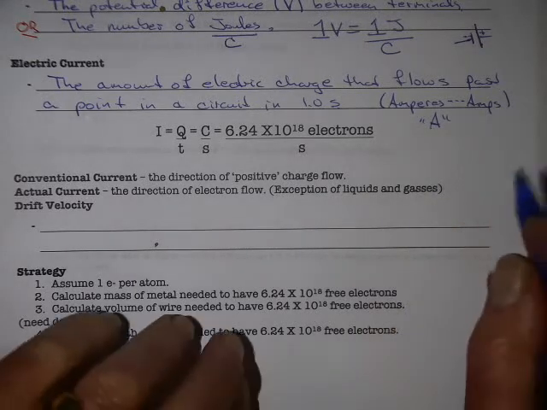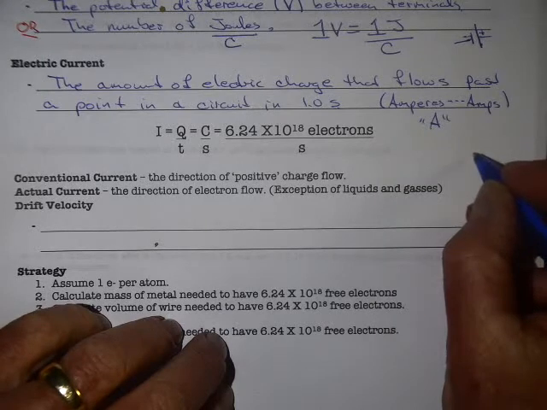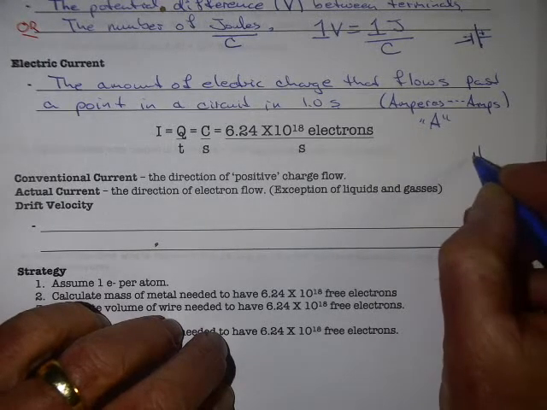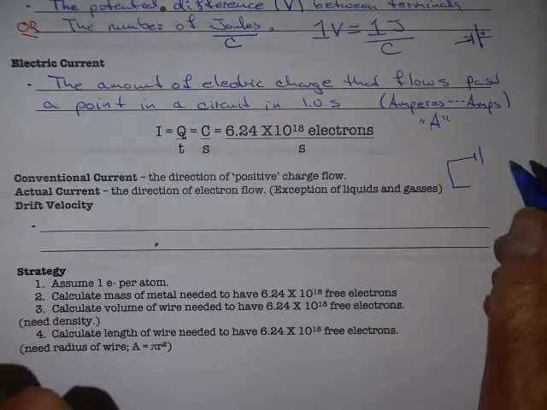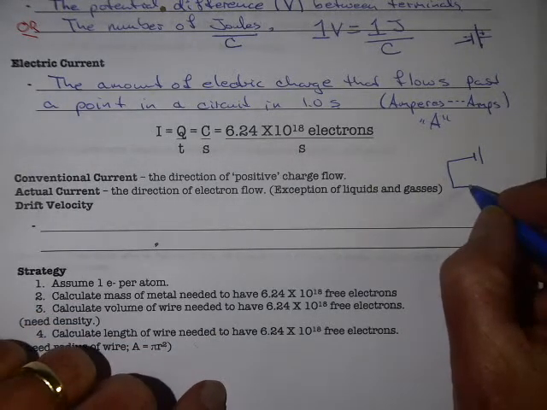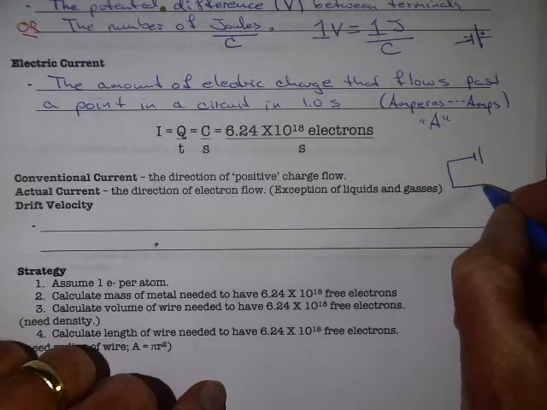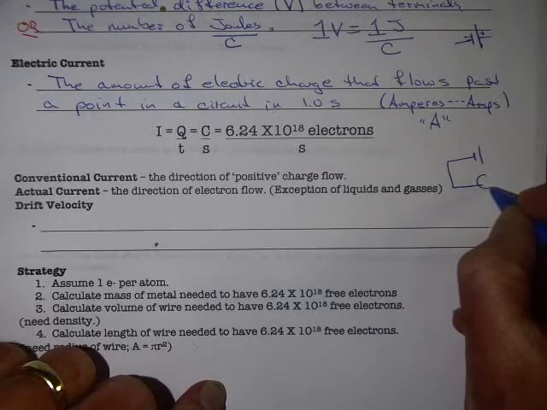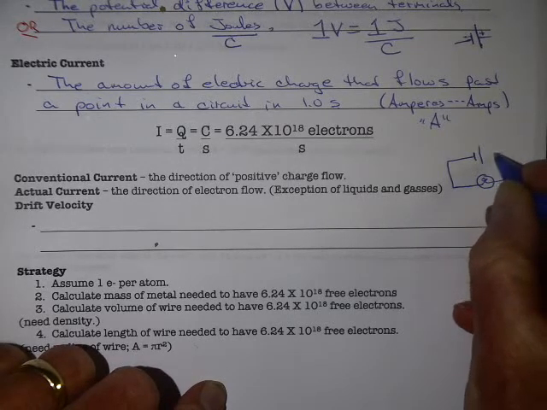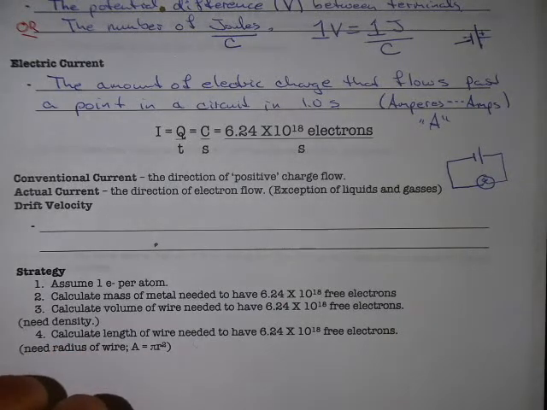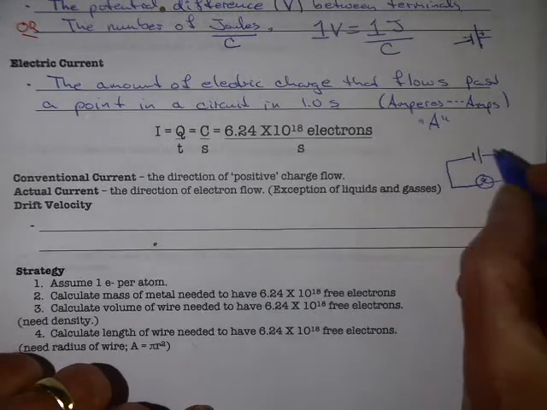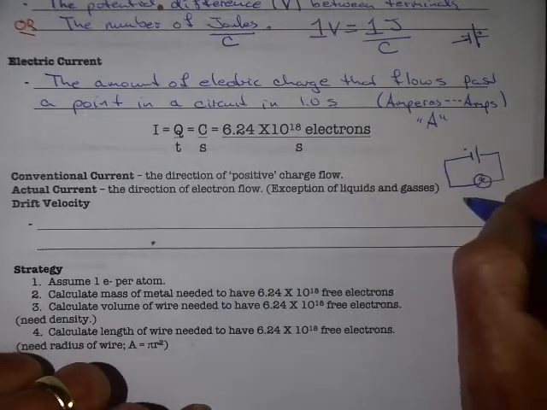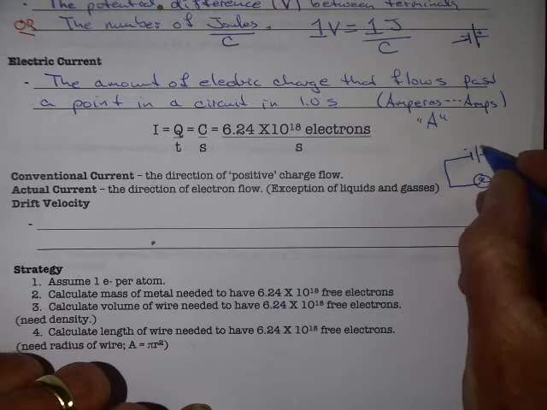If I was to set up a situation like this where I have a circuit, and you'll learn the different symbols later, but let's just put a light bulb here. This is basically the 1-cell flashlight, and the smaller of these two is the negative terminal, and the larger is the positive terminal.